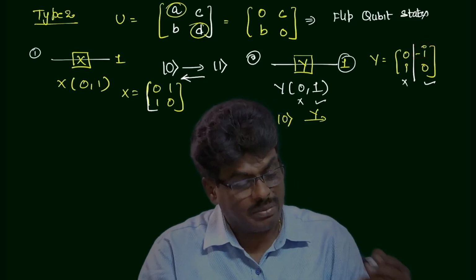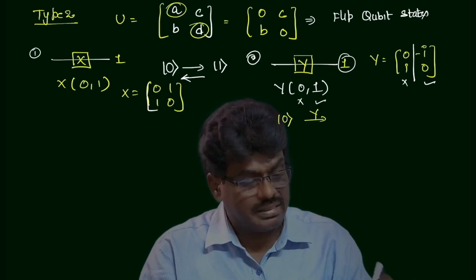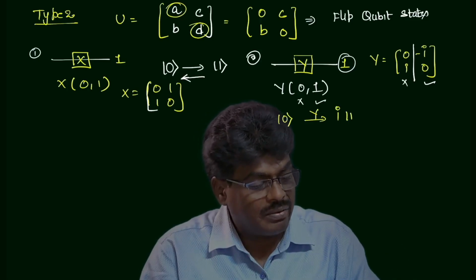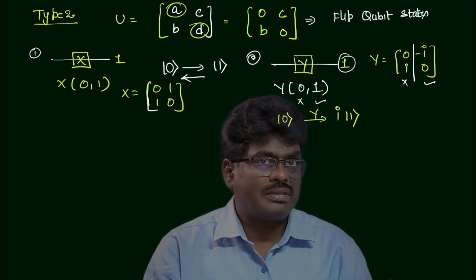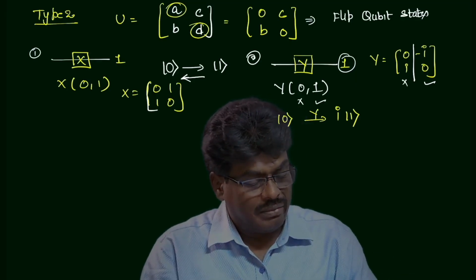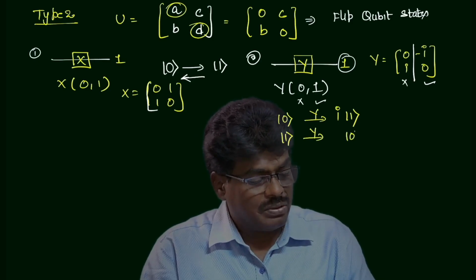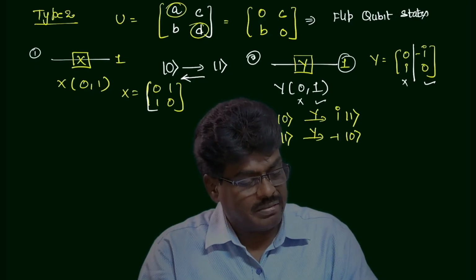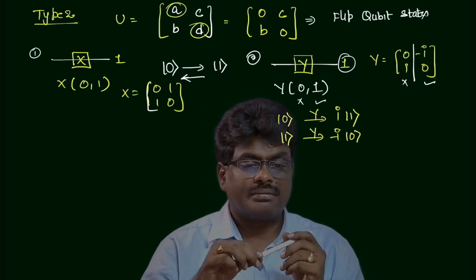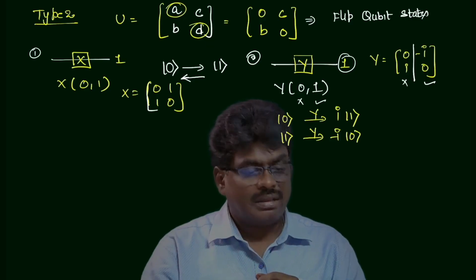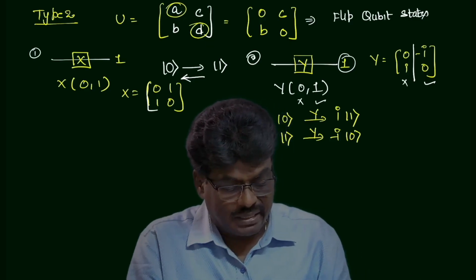I hope you understand what I'm saying. First column contains i, that's why i, 1. Flip with some phase i. And 1, so it flips to 0, but with the phase factor minus i. Okay, that's it. So you can represent it like this also.